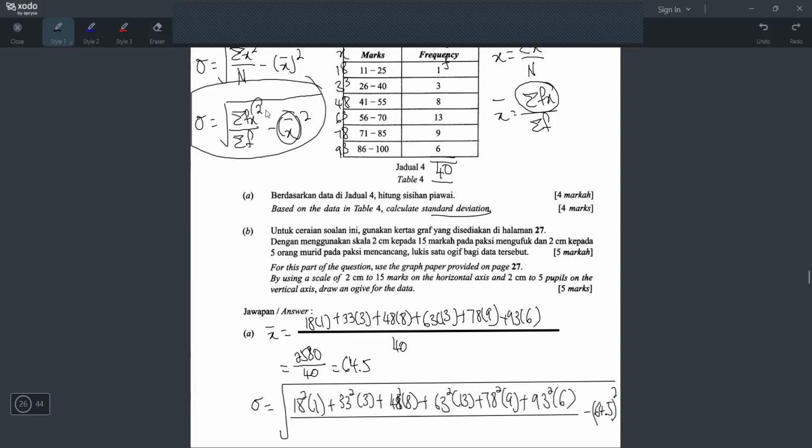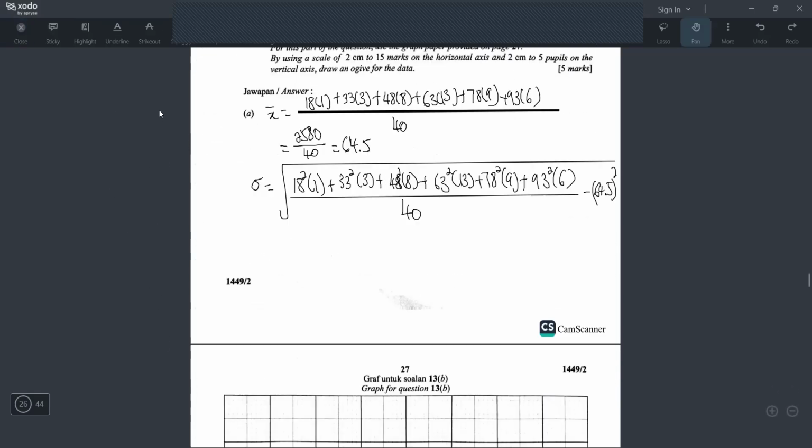It means you only square the x, the data. The frequency, no need to square. If you square the frequency, it's wrong. Did you realize this one and this one are the same? The only difference is you have to put the square at the 18, 33, 48 and so on. So remember, we don't put the square at the frequency. And then over the total frequency, which is 40.